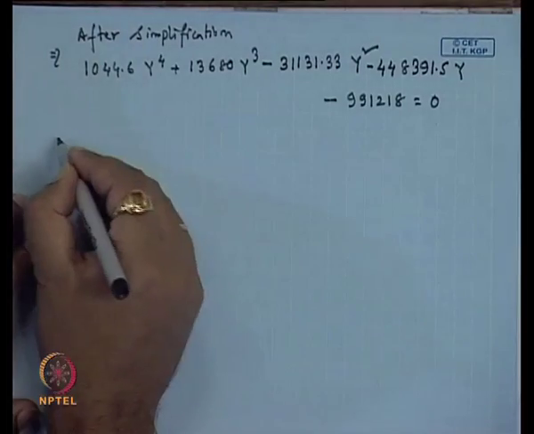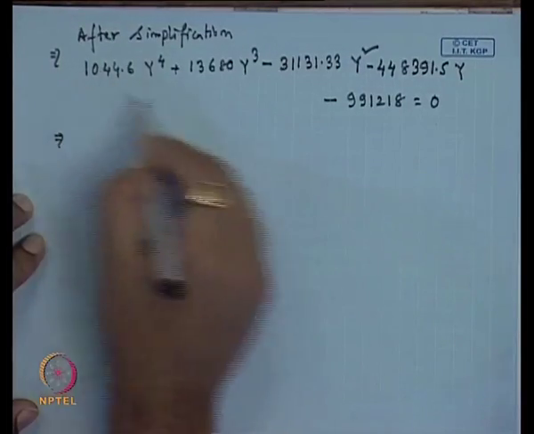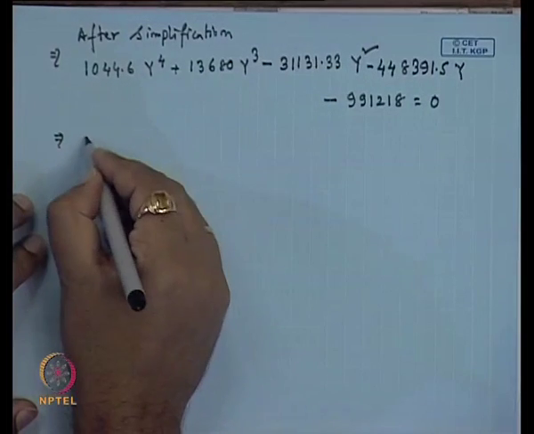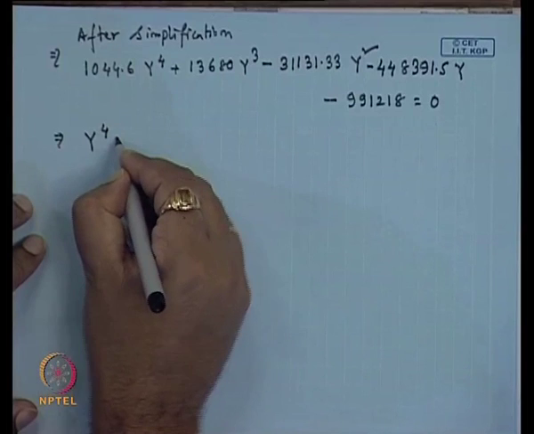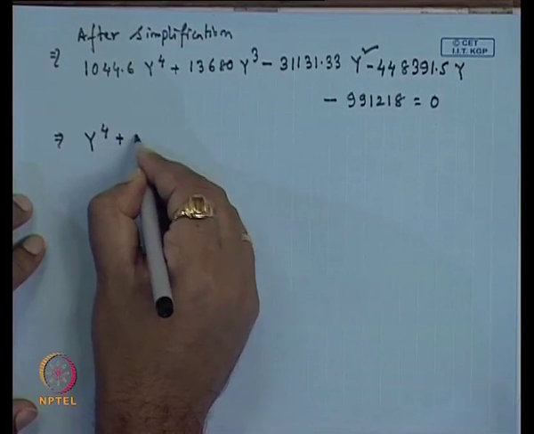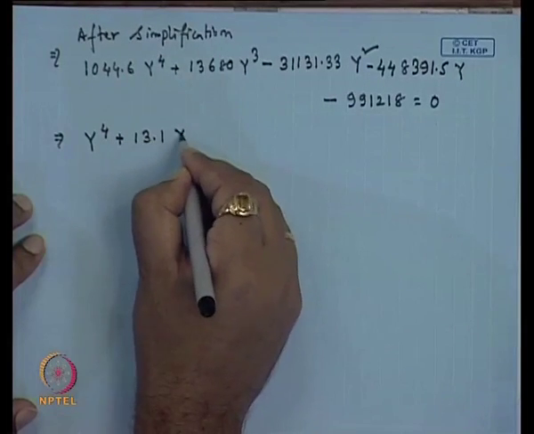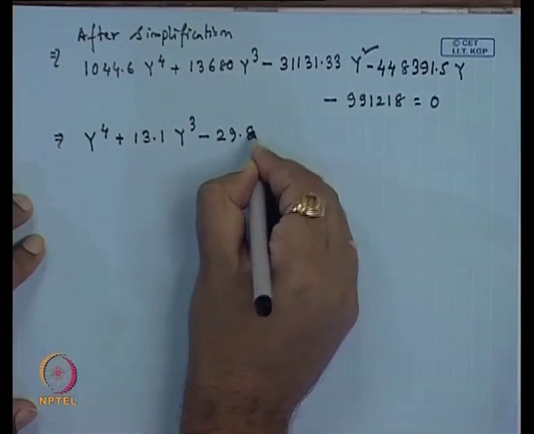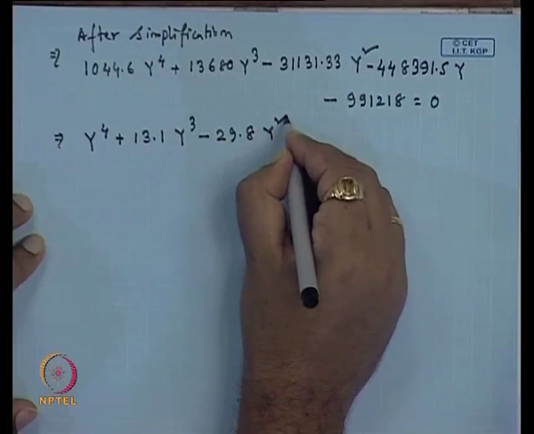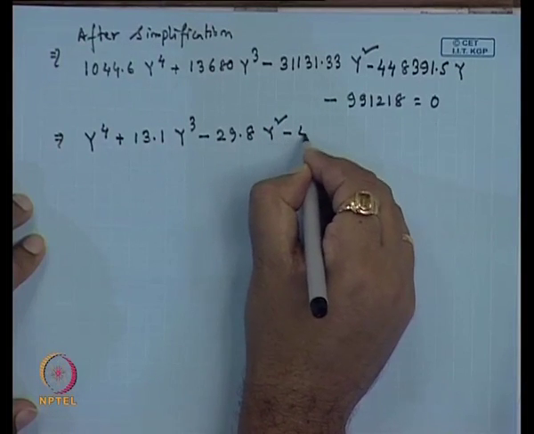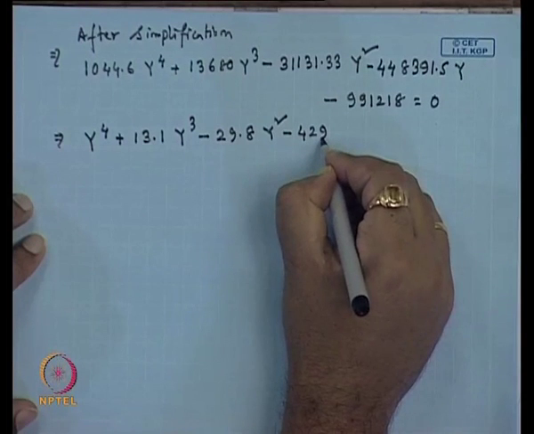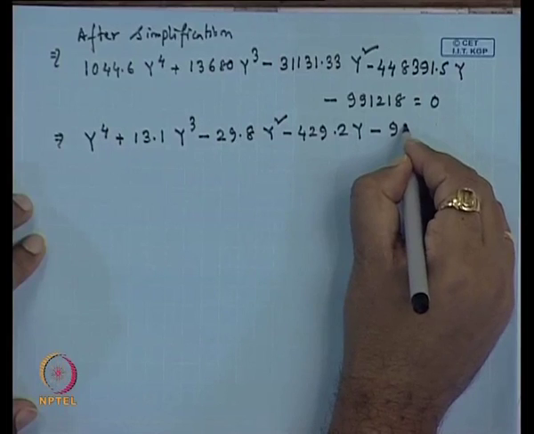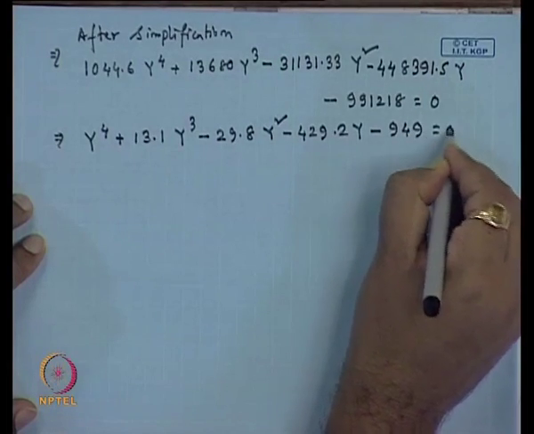Now if I divide all the terms by 1044.6, then you will get Y to the power 4 plus 13.1 Y cube minus 29.8 Y square minus 429.2 Y minus 4949, that is equal to 0.